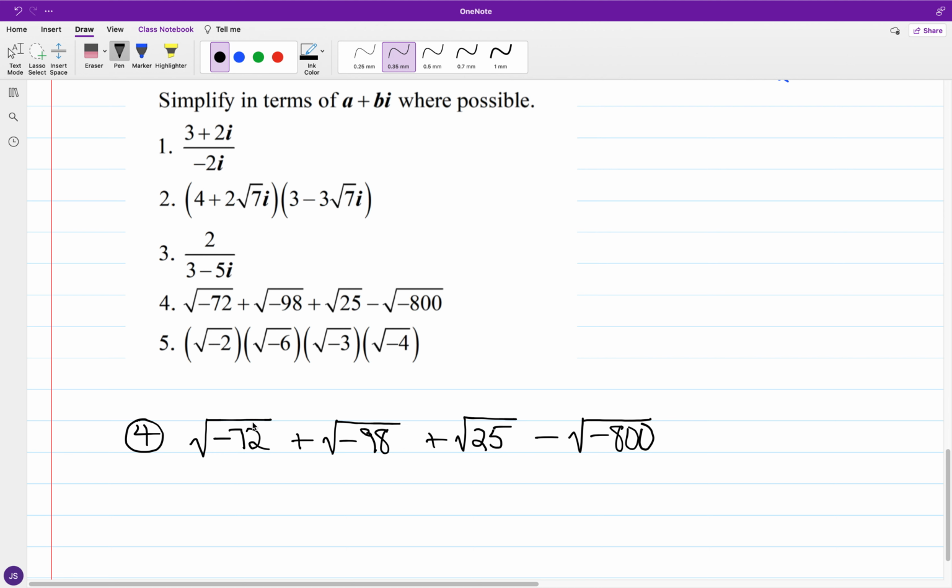In the case of working with complex radicals, again, we're going to factor out the i. Again, i is in reference to the square root of -1. And we have just the square root of 25, and we can go ahead and write that as 5.